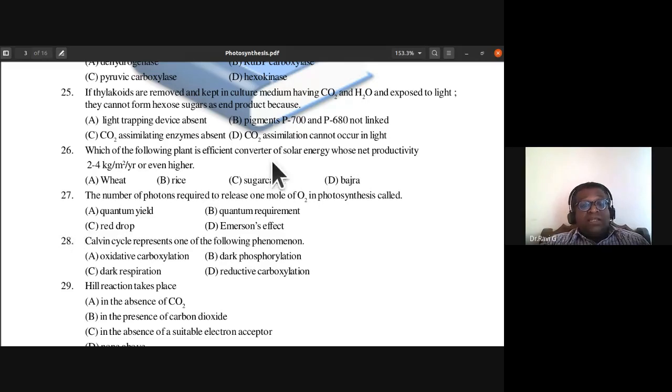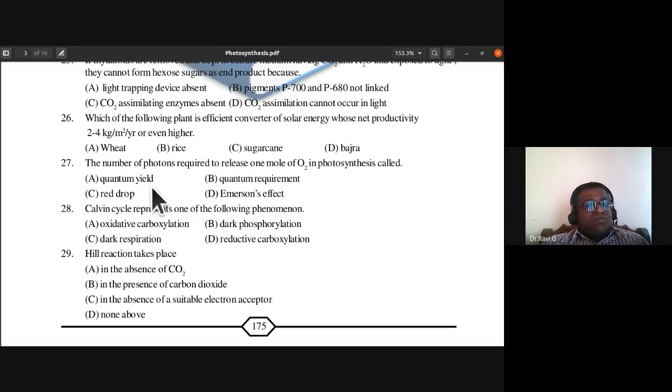So 26, C is the answer, sugarcane. They are C4 plants, and this is the plant whose net productivity is 2 to 4 kg per meter square per year or even higher in the case of these C4 plants.